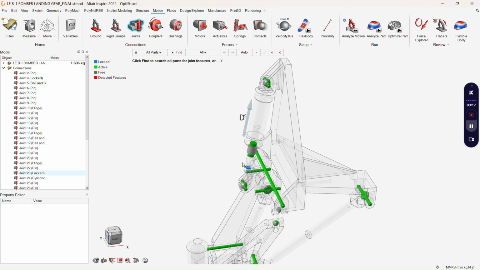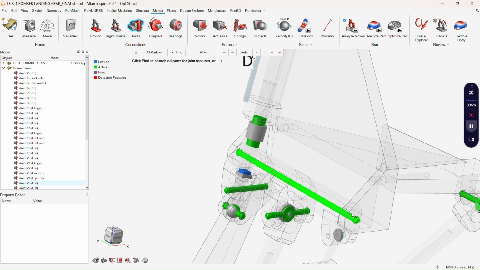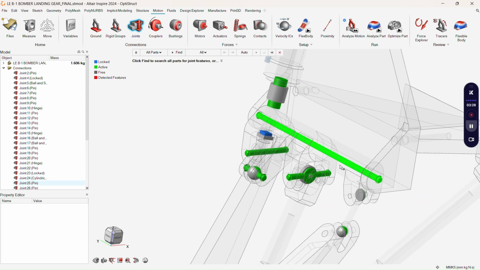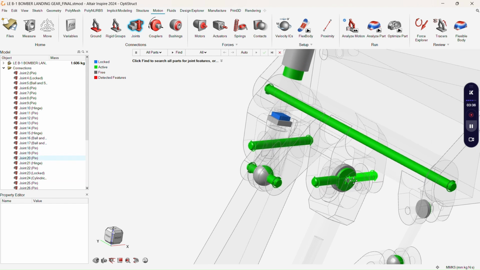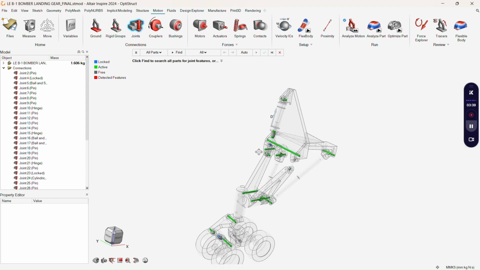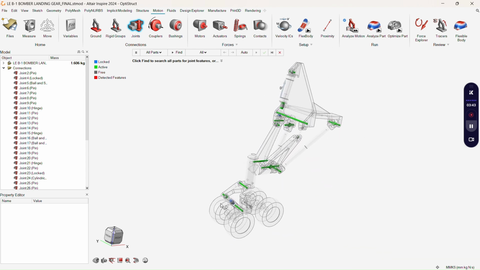Then here we have defined a cylindrical joint in the actuator to simulate the actuator. Then we have the pin joint at the bracket. Then at the upper end of the link 3, we have a hinge joint attached to the bracket, and a pin joint again attached to the bracket. So these were the joints of the linkage mechanism and the landing gear.